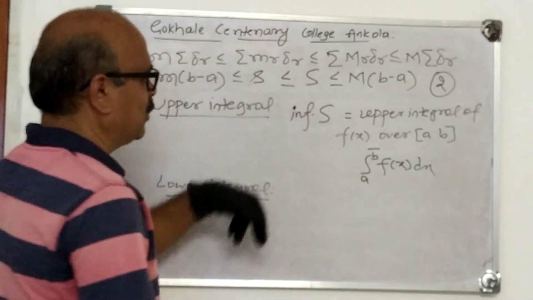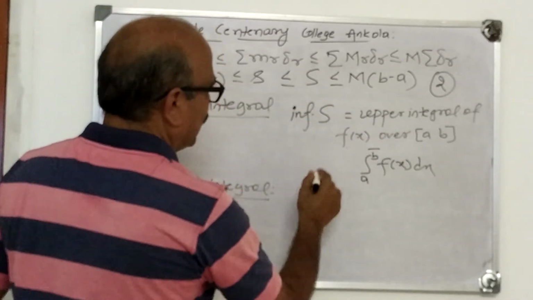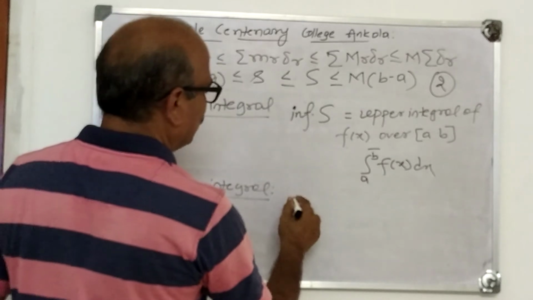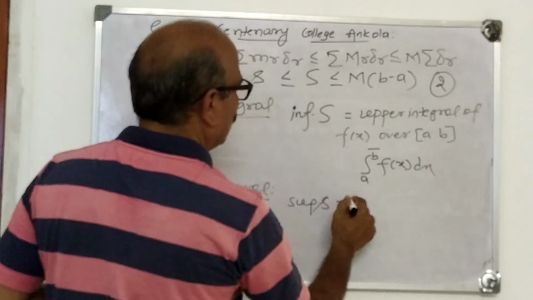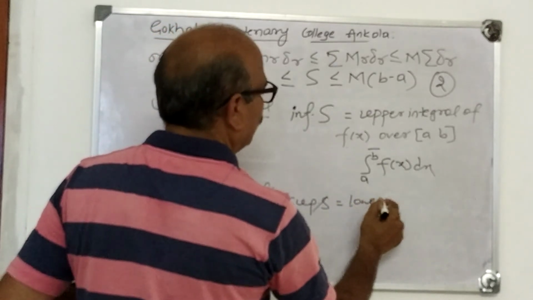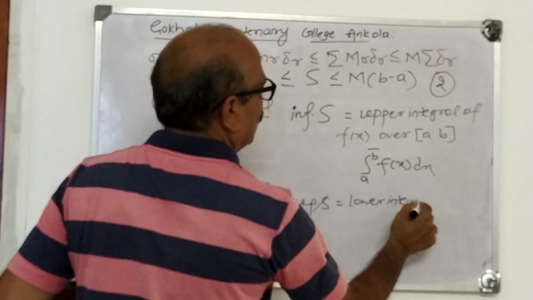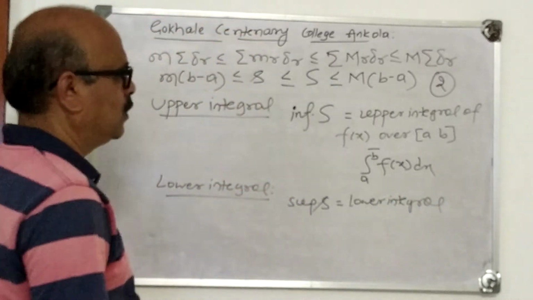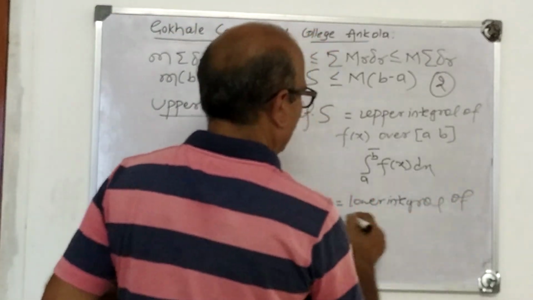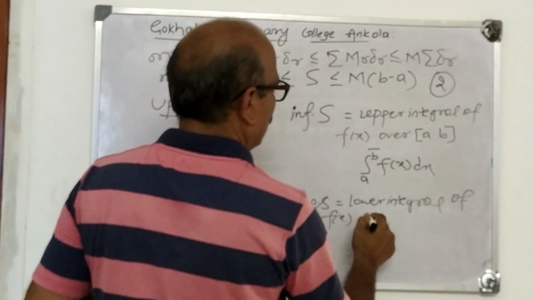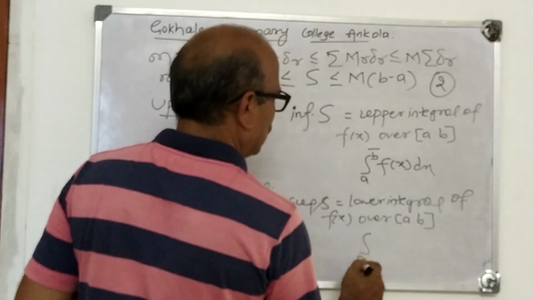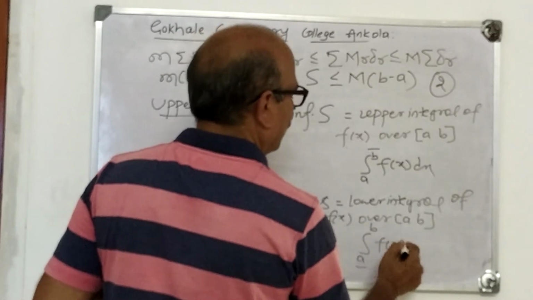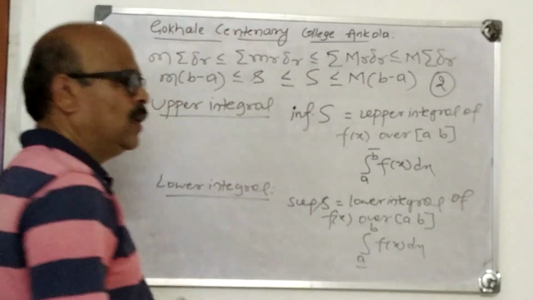Suppose f(x) is continuous in closed interval [a,b], small s will be the set of all lower sums. The supremum of small s is called the lower integral of f(x) over the interval [a,b], and the notation is a bar to b, f(x) dx.